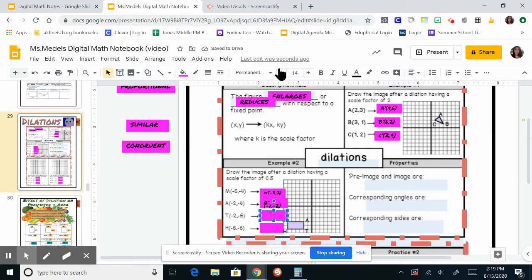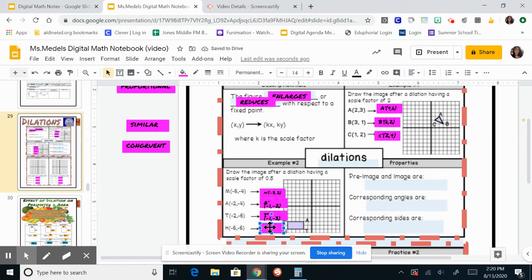T prime, again, we're going to be multiplying that scale factor, that 0.5. I get 0.5 times -2 is going to be -1, and 0.5 times -6 is going to be -3.